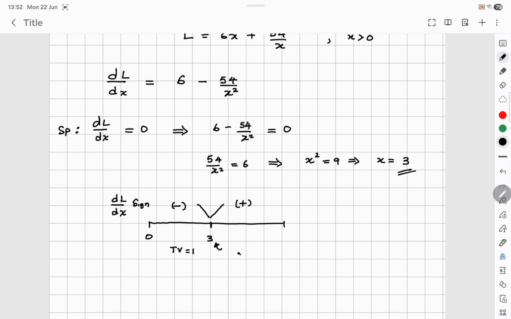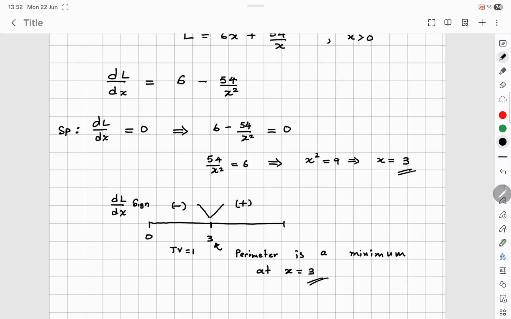So at x equals 3, we'll write it as what? Perimeter is a minimum at x equals 3.